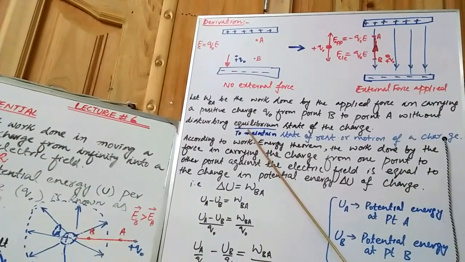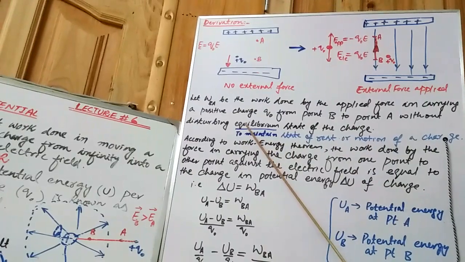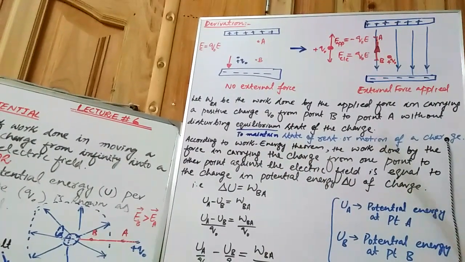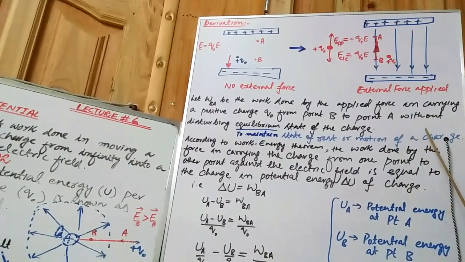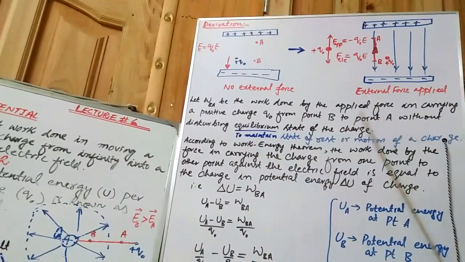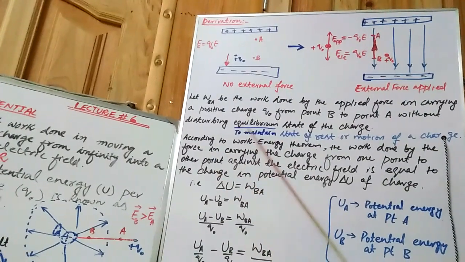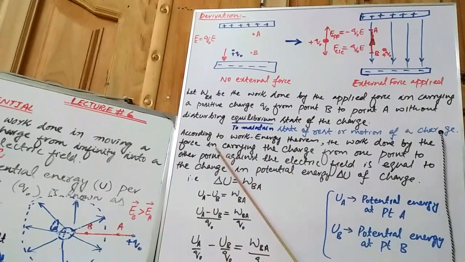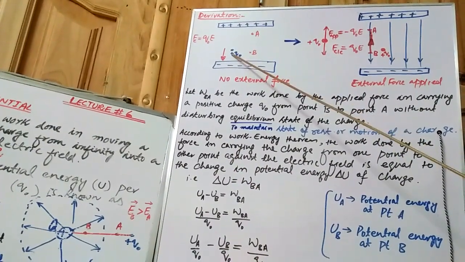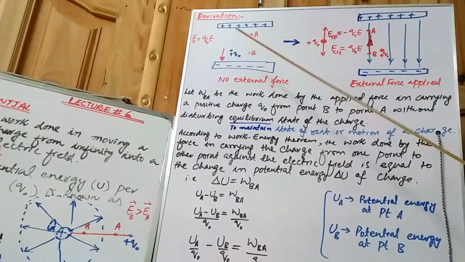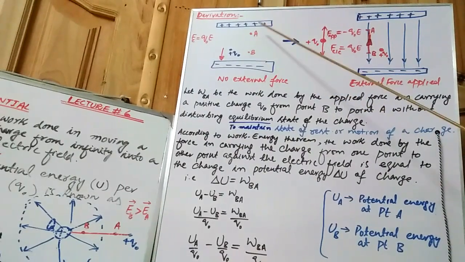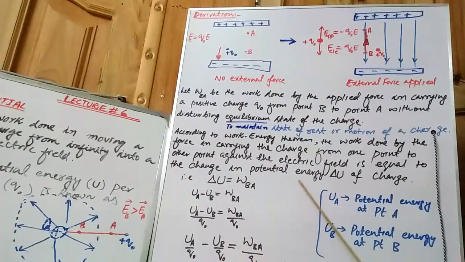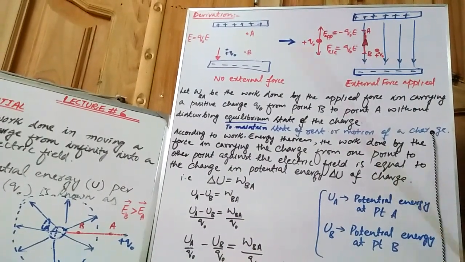So what is the equilibrium state of the charge? Equilibrium means to maintain the state of rest or motion of a charge. According to the work energy theorem, the work done by the force in carrying the test charge from point B to A is equal to the change in potential energy of the charge.